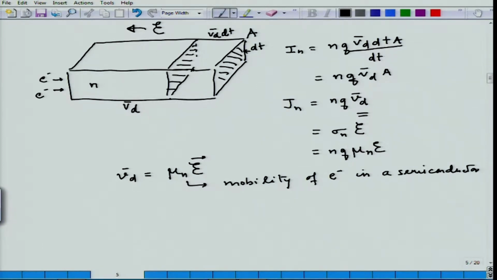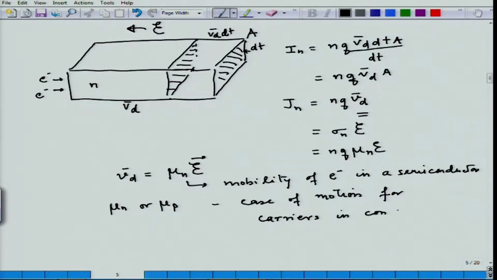So, mu n is for electrons, or mu p, if I take the same discussion for holes, is nothing but the ease of motion for the carrier in the conduction or valence band.